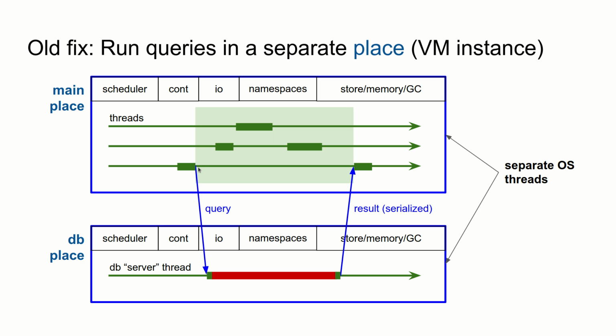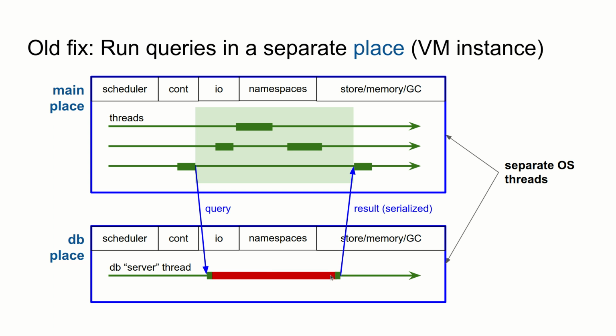Meanwhile, this thread is blocked waiting for a response from the database place, but the Racket thread scheduler can run other threads in the original place while it's waiting. This FFI call blocks all threads in this place, but this place isn't doing anything else besides running database queries anyway, so it doesn't matter very much.